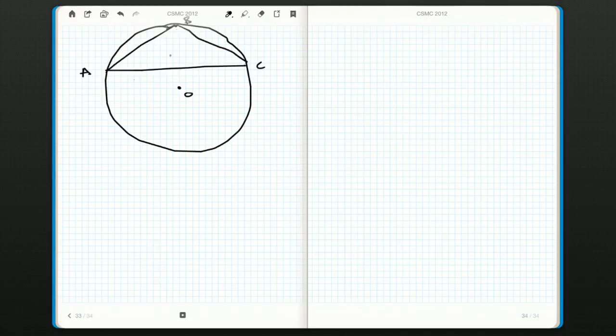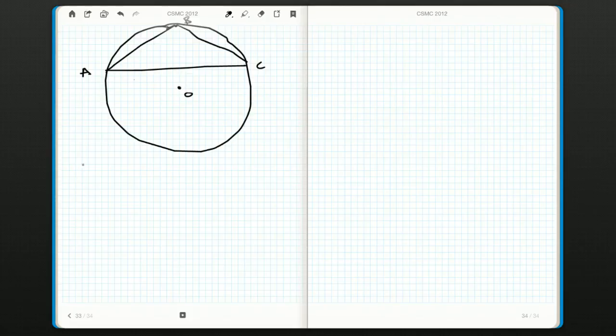So that might be helpful. But I don't know. AC might stretch all the way down here. I really don't know how it's going to look. So take your pictures with a grain of salt. AC can lie above O, it can lie intersecting O, giving us a diameter, or it could lie below. You're welcome to draw 3 different pictures for it. But as I just want some intuition, I'm not going to draw anything yet.